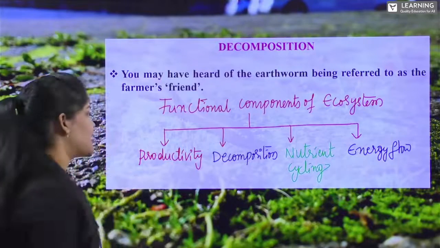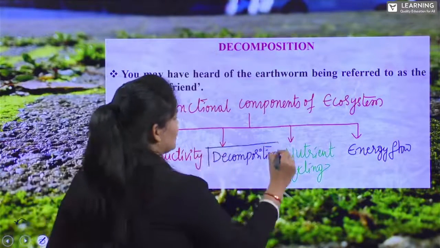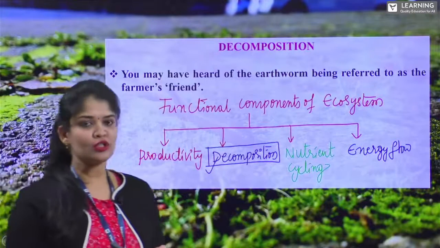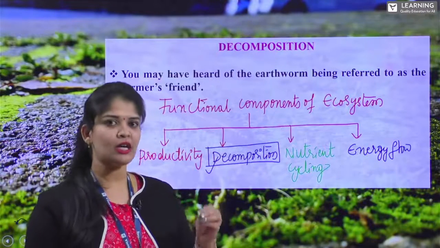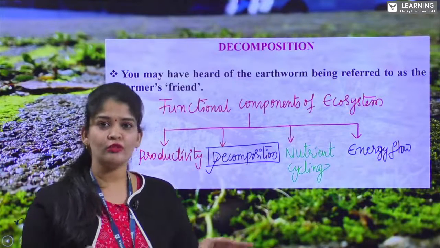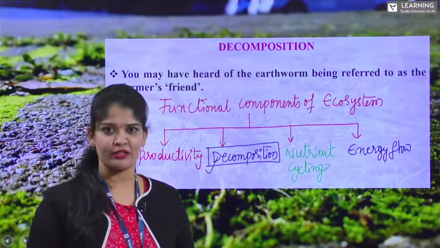Now, in this class, let's focus on decomposition. We know that decomposition is very, very important. If the decomposers were not present, then the earth would be full of detritus matter.